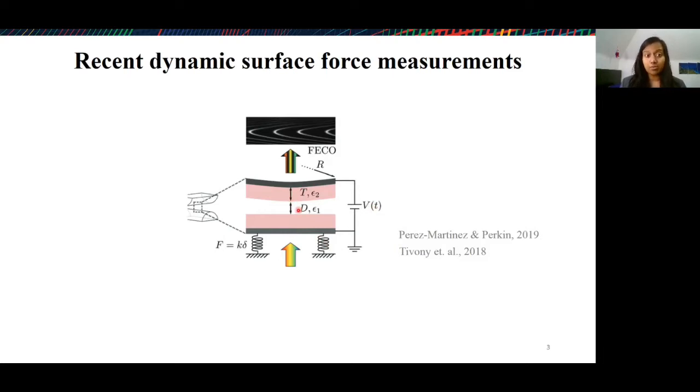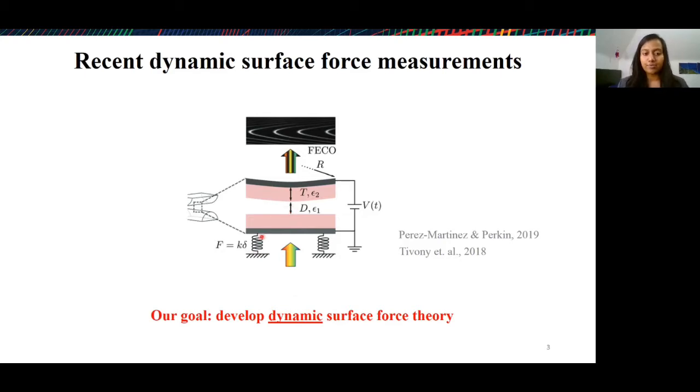Now, this is really cool, but the theory that exists for these surface charges only describes equilibrium, so it doesn't really account for the time-dependent force between these two surfaces. That's where we come in, and our goal has been to develop a dynamic surface force theory, which describes the time-dependent force between these two charged surfaces in an electrolyte medium.